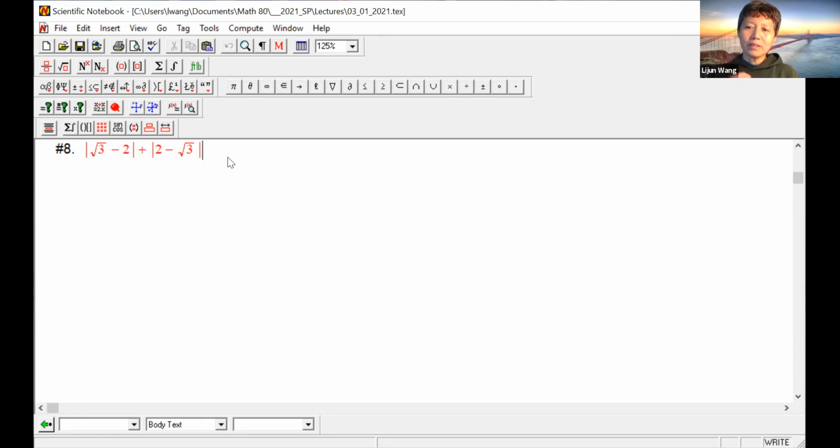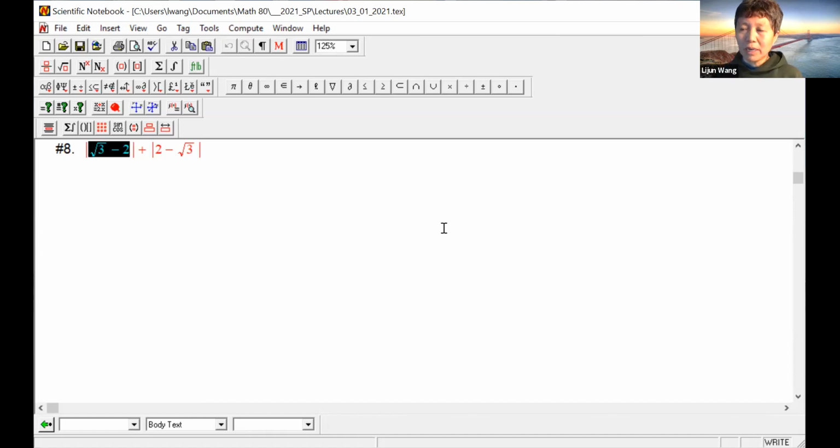If it's positive, the absolute value of that number is going to be the same as the number. If it's 0, the absolute value of 0, of course, is 0. If it's negative, the absolute value of the negative number is going to be its opposite. So all we have to do is assess, is this quantity positive or negative?